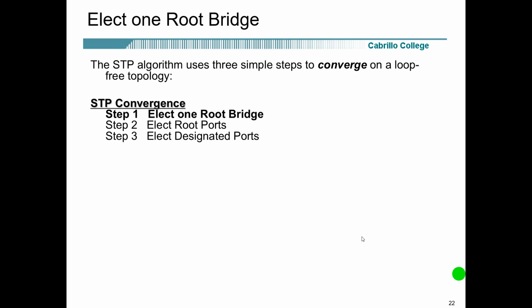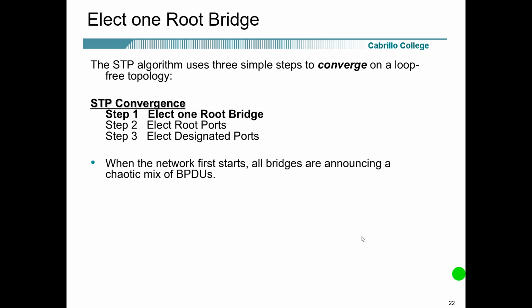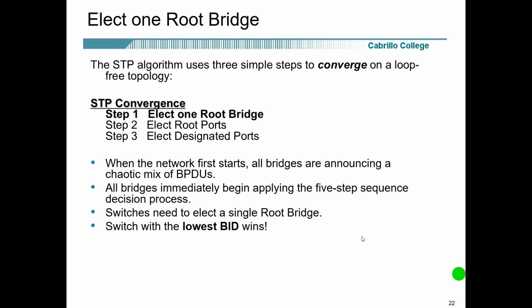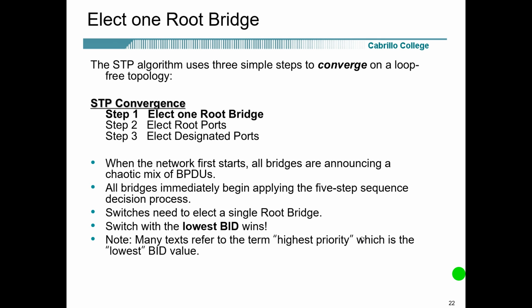So step 1, when the network first starts, all bridges are announcing a chaotic mix of BPDUs. All bridges immediately begin applying the 5-step sequence. Switches need to elect a single primary root bridge. The switch with the lowest BID wins.